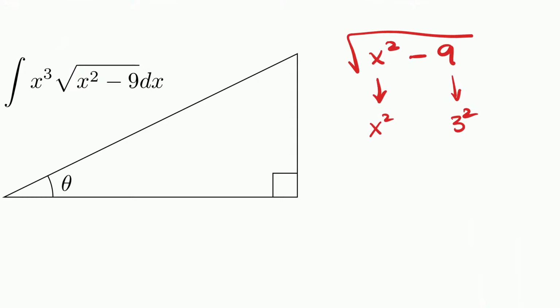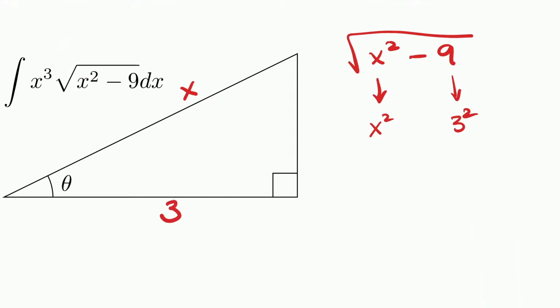The difference between this and number 2 is that I have a minus here instead of a plus. Whenever you have a minus, it should clue you in that maybe what you want to do is put x right there on the hypotenuse. If the x is on the hypotenuse, then I would have to put the 3 on one of the other legs. Just pick one, but in general, this one will be the easier one.